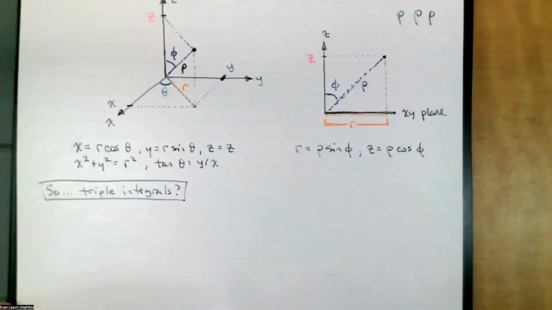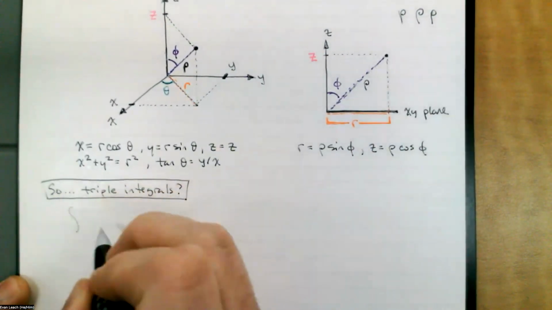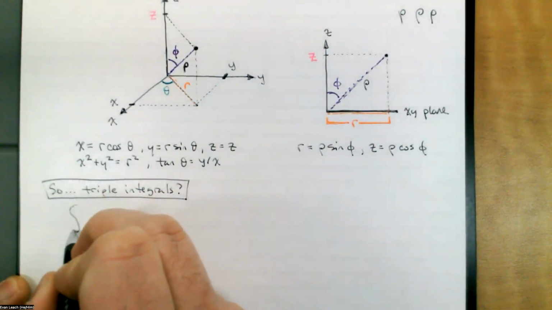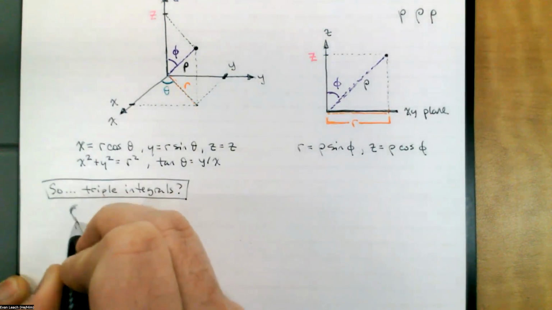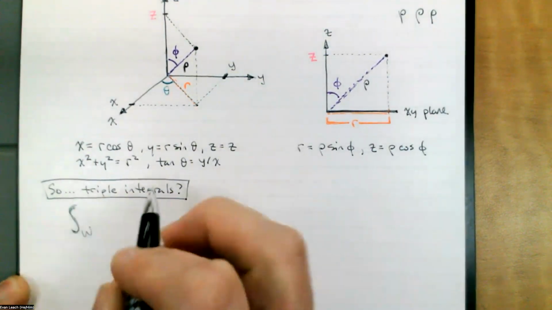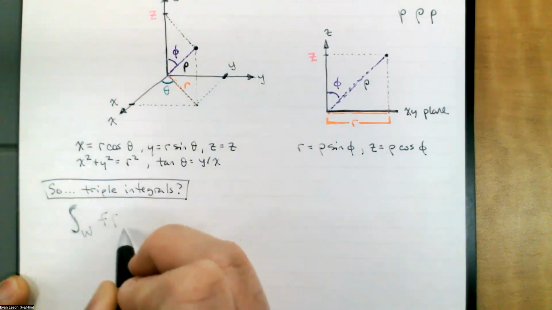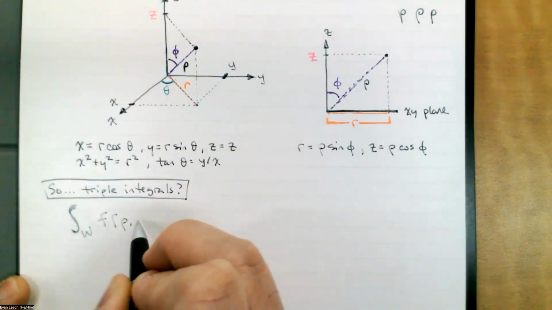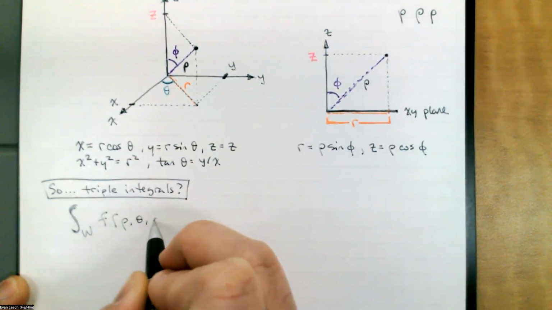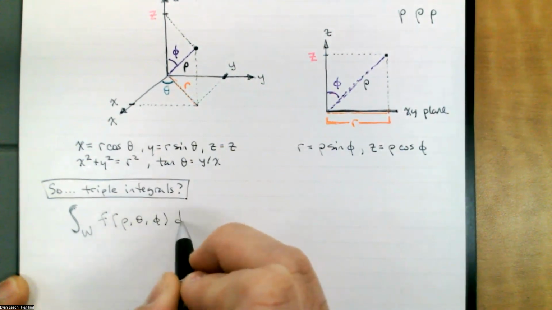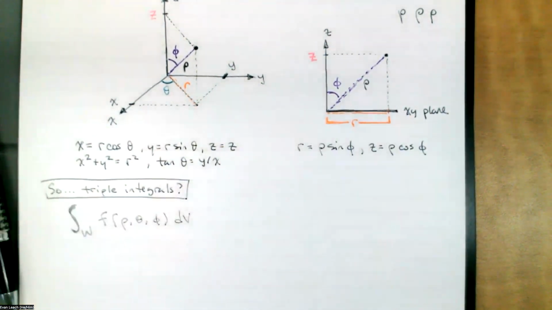A triple integral, so we have the integral over some solid W of a function of, let's use rho, theta, and phi, dv, where dv is some small rectangular solid piece of W. We're imagining dv as some solid chunk of W.